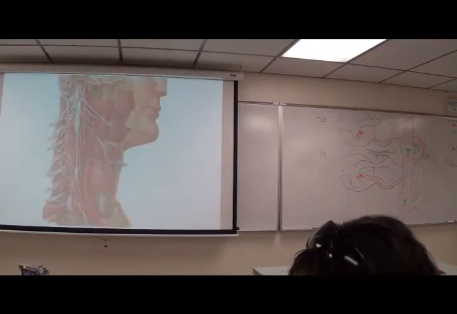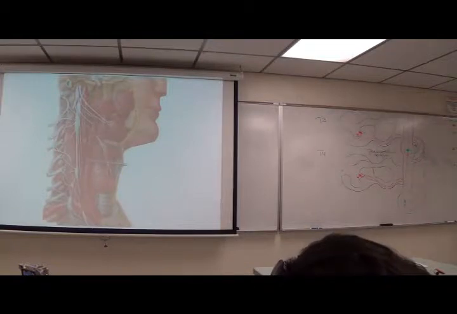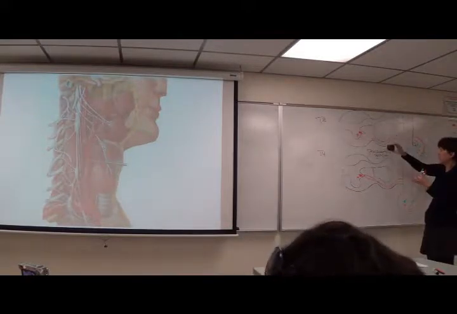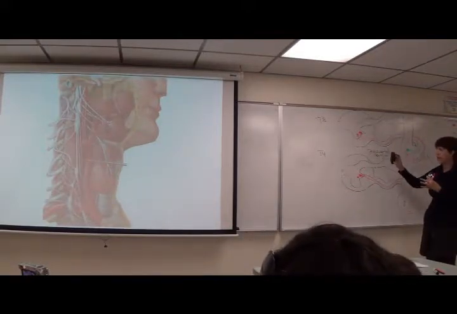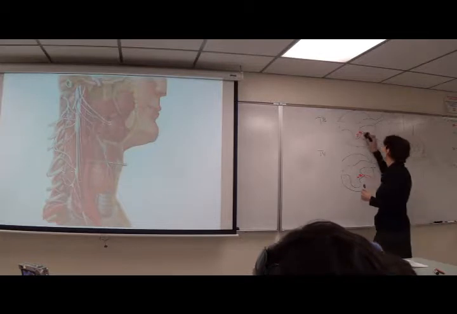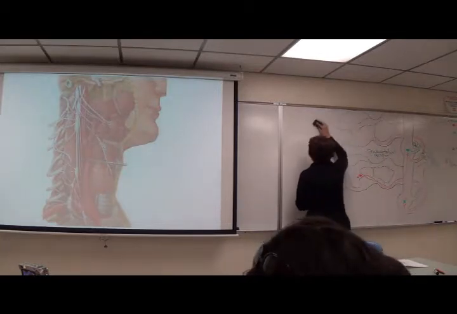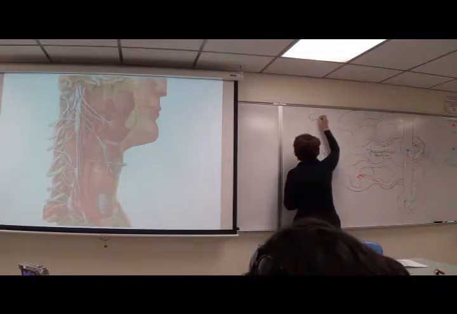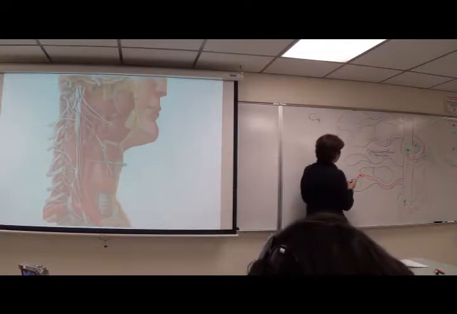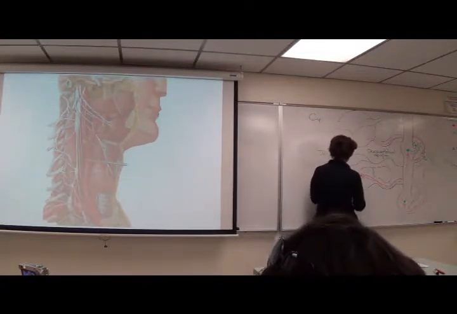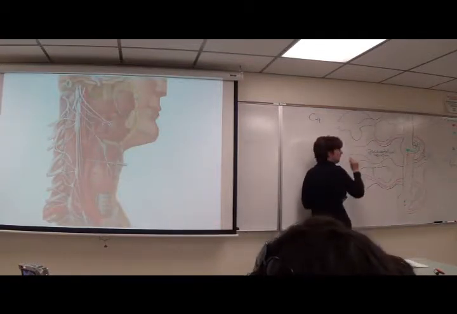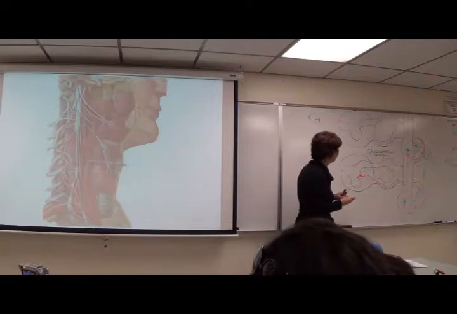All right, so give me a moment. I'm going to leave the spinal cord structure similar, but I'm going to make some changes. So if this is cervical, we have to get rid of our lateral gray horn, because there is no lateral gray horn in the cervical spinal cord.